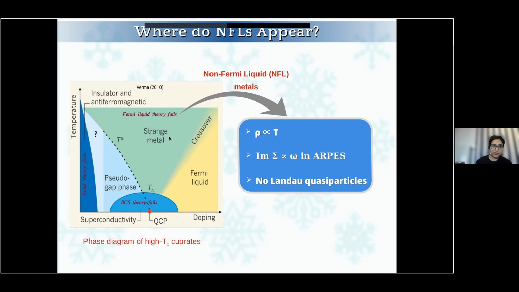Now, that strange metal regime is believed to appear from a quantum critical point, but generically we do not see a naked quantum critical point in experiments because there is always a superconducting dome hiding it. However, if we go to temperatures above the transition temperature Tc, its presence is felt through this strange metal regime.